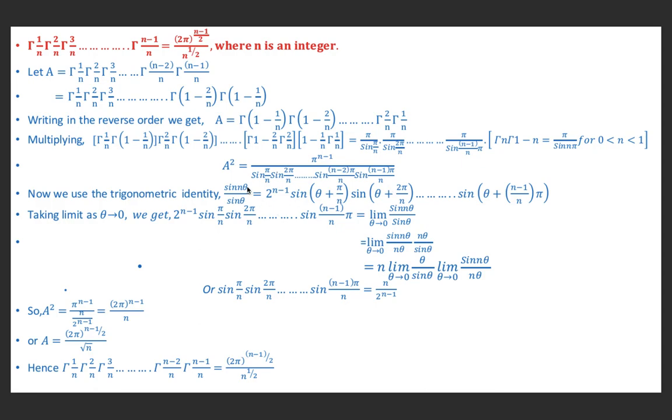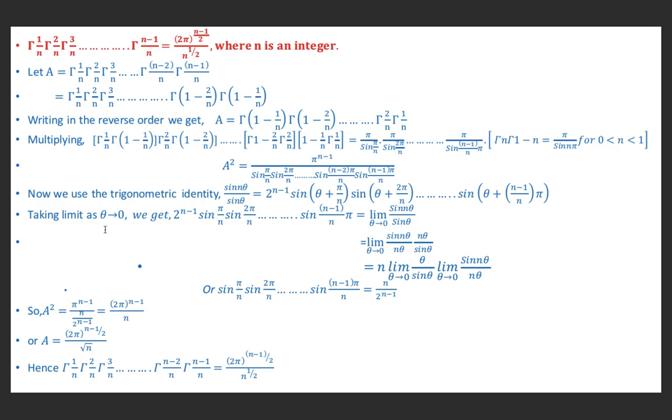Also we know that sin(nθ)/sin θ is nothing but 2 raised to n − 1 times sin θ sin(θ + π/n) sin(θ + 2π/n) ... sin(θ + (n − 1)π/n). This is by trigonometry. Remember this formula.